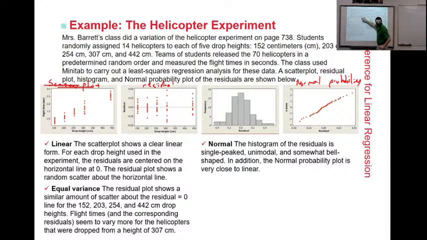Now it's way wider than it was. And now it's about where it was. So the variance is not quite staying equal throughout all of these. So the equal variance condition here is a little iffy because the variance between these is not the same.